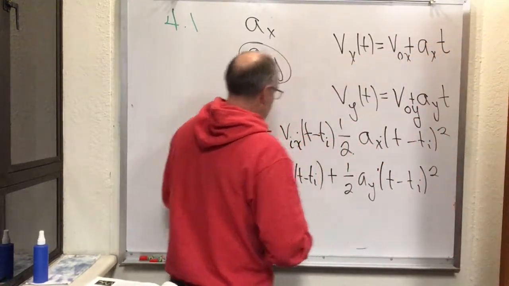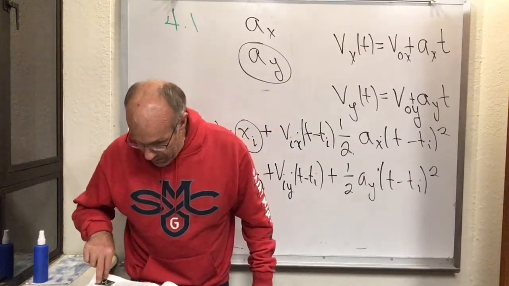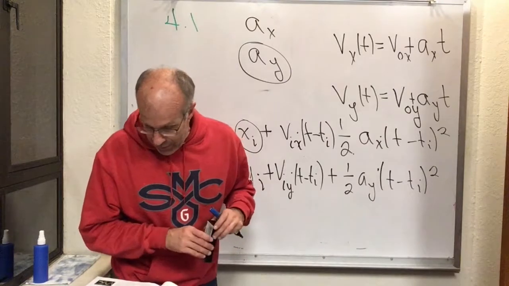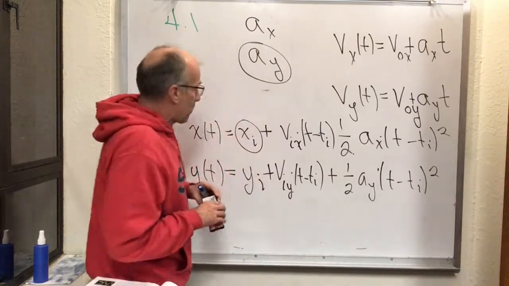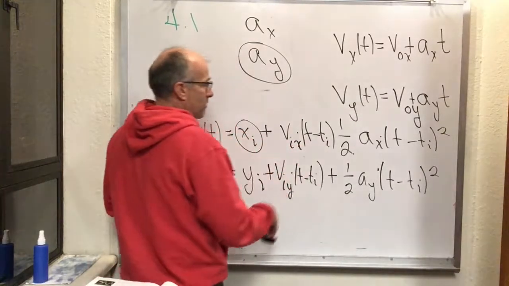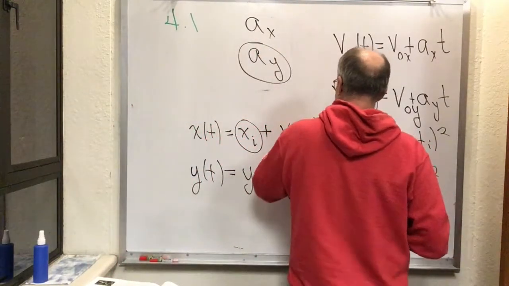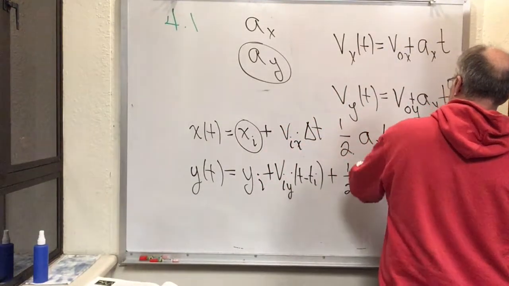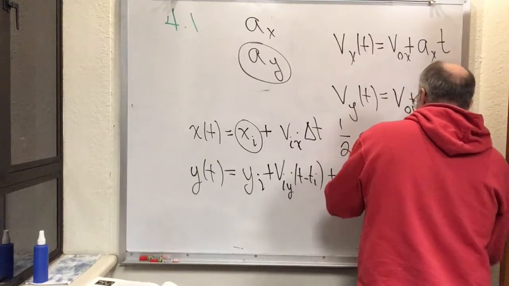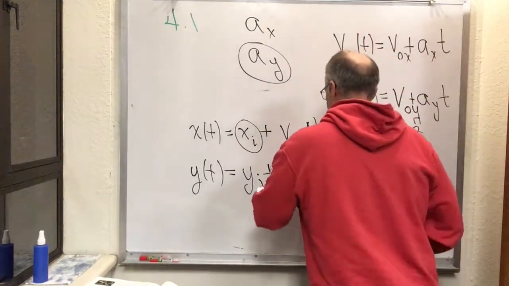Okay, so now I want you to compare that with Knight equation 4.11, and you'll see the only difference between the way he wrote it and the way I wrote it is everywhere I wrote t minus t initial, he called that delta t. So this is the way he has it, delta t squared, delta t squared, and delta t.